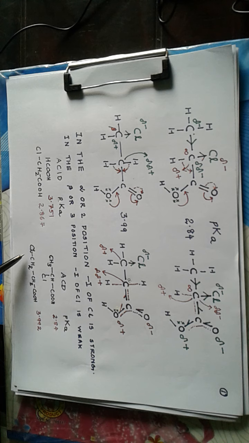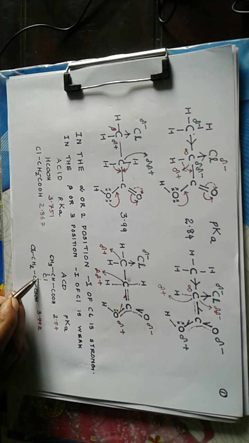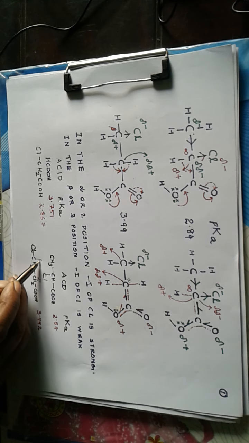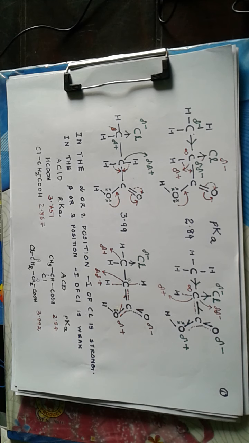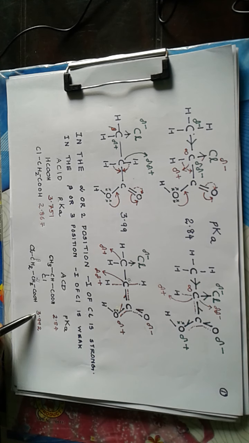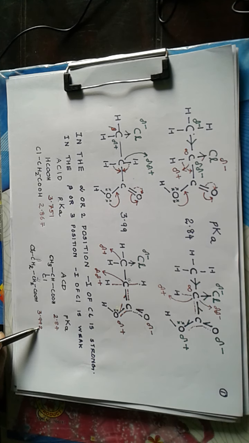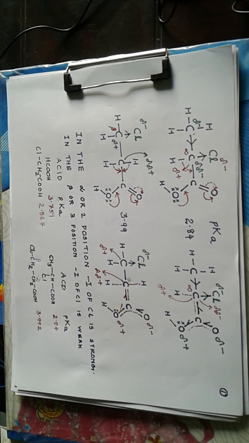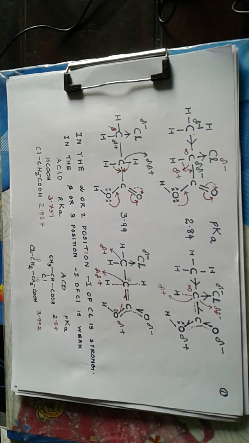So beta chloropropionic acid, this is alpha and this is beta. Beta chloropropionic acid has a higher pK value of 3.992, which is greater than that of formic acid and that of alpha chloropropionic acid, decreasing its acid strength.